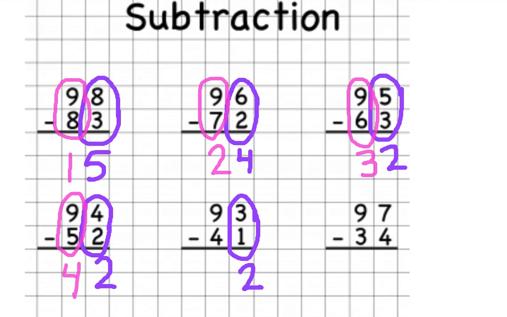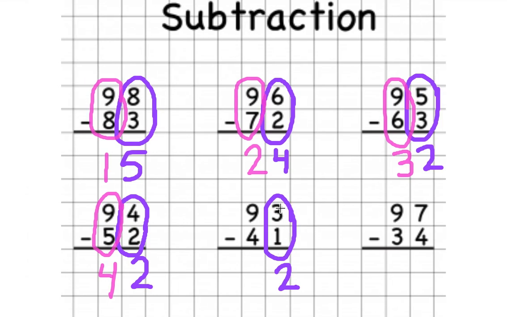Now that we finished with our ones place, now we can move on to my tens place. My tens place is 9 minus 4, and we know that 9 minus 4 equals 5. So 93 minus 41 equals 52. My difference is 52.